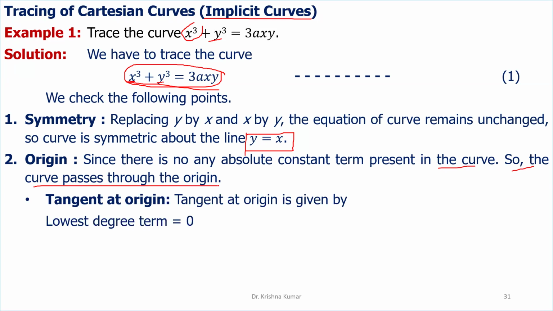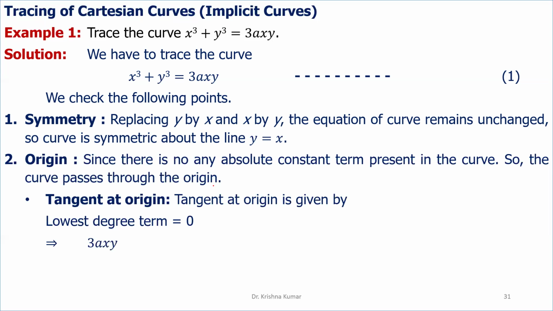The lowest degree term is nothing but 3axy equal to 0. Equating it to 0, we get xy equal to 0, which gives x equal to 0 and y equal to 0. x equal to 0 means the y-axis, and y equal to 0 means the x-axis. So there are two different tangents at the origin: one is the x-axis, another is the y-axis.